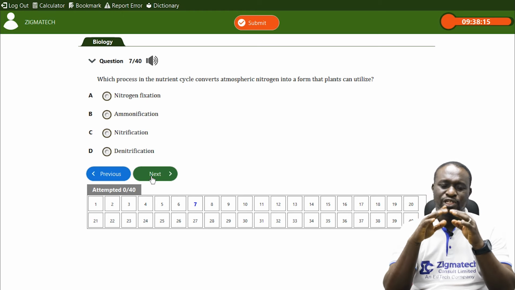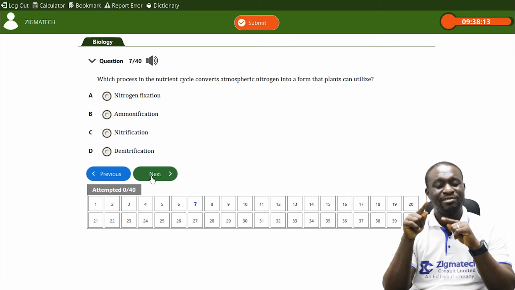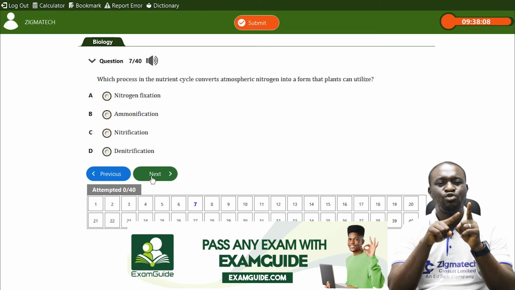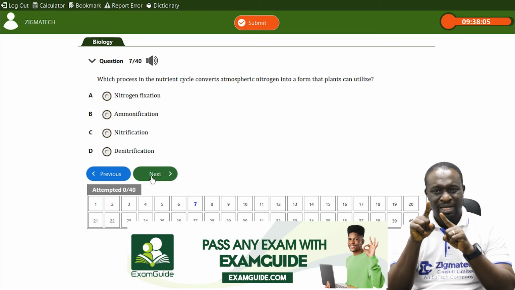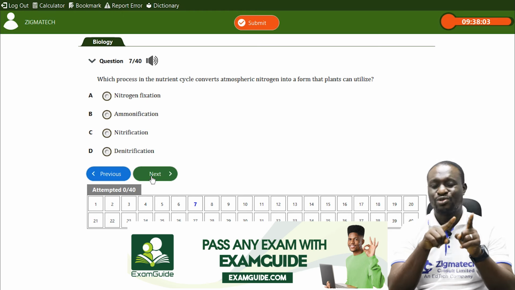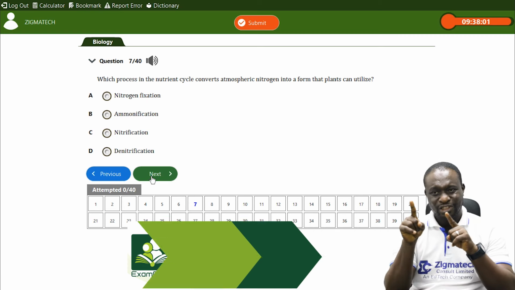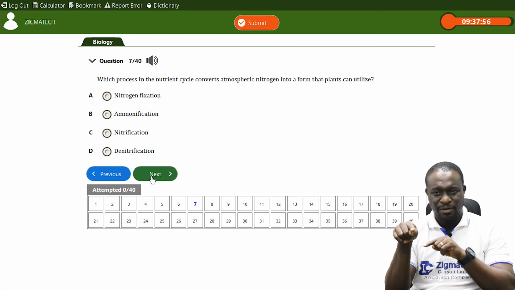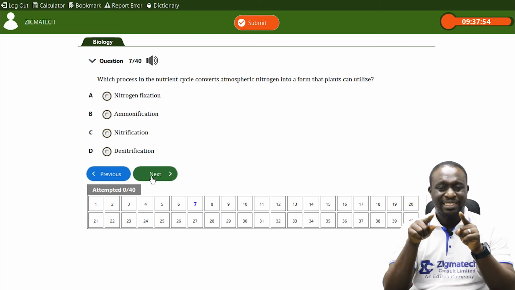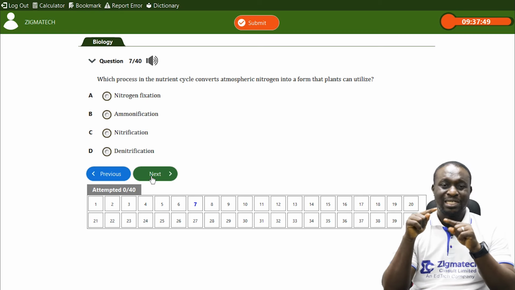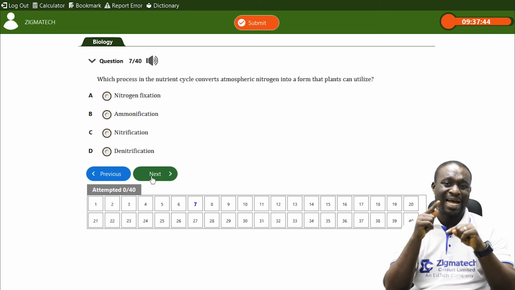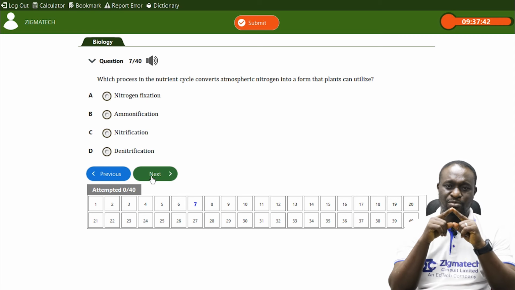And then nitrification is a process by which nitrifying bacteria convert ammonium compounds into nitrites and then from nitrites to nitrates. Now, it has nothing to do with converting atmospheric nitrogen for plants. Okay? And then option D says denitrification. Now, denitrification is actually a process by which nitrates are converted into atmospheric nitrogen and returned back to the atmosphere.